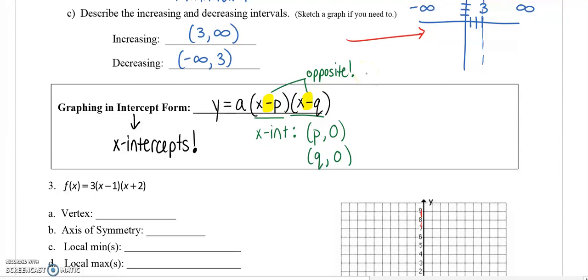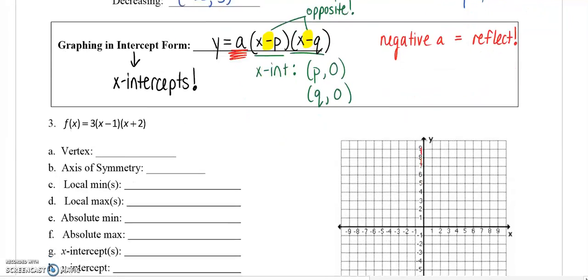Then the last thing to just keep in mind, a is the same a that we were using in the other form. So we still have that rule where if a is negative, it's reflected, which means it's going to be upside down. So negative a equals reflection. And the reason I write that down is because it reminds us which way it's going to open, and that's important because it tells us if it's a maximum or a minimum.